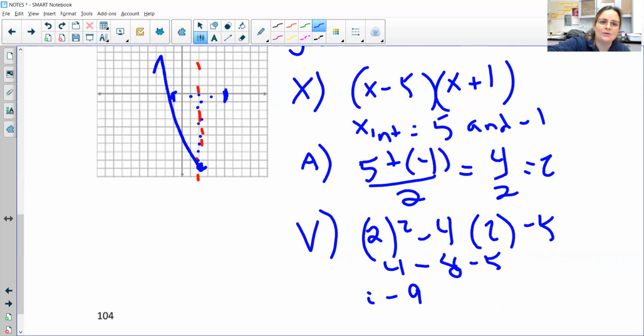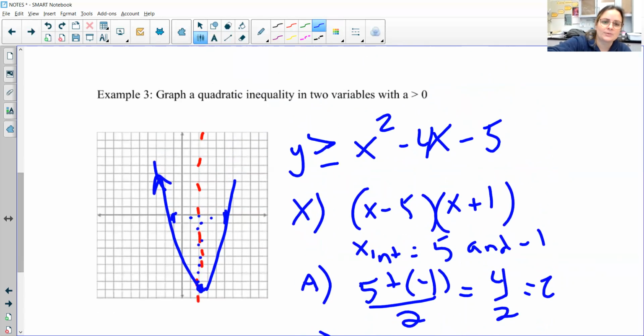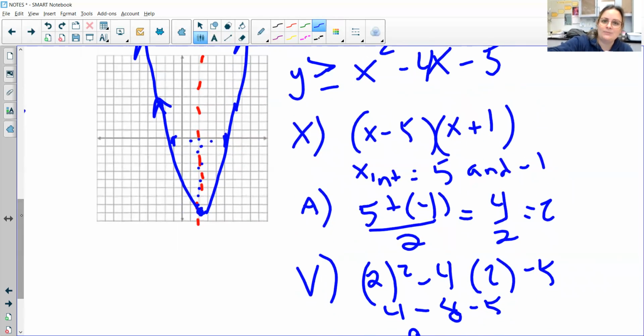So I can now sketch my graph. Okay, all the way up. I'm going to use a test point. I'm going to, again, use my 0, 0 test point because I am very confident that it is on one side of that parabola. So the original inequality was y greater than or equal to x squared minus 4x minus 5.